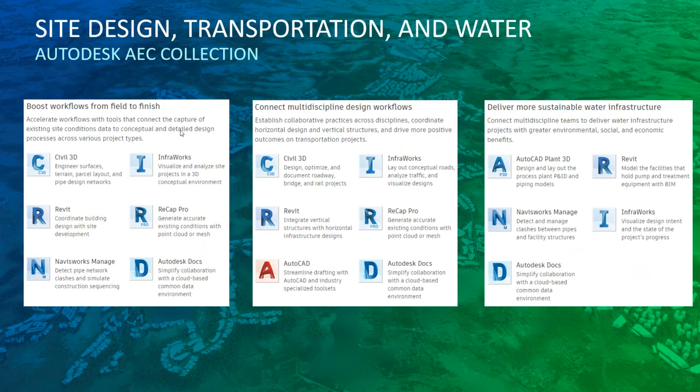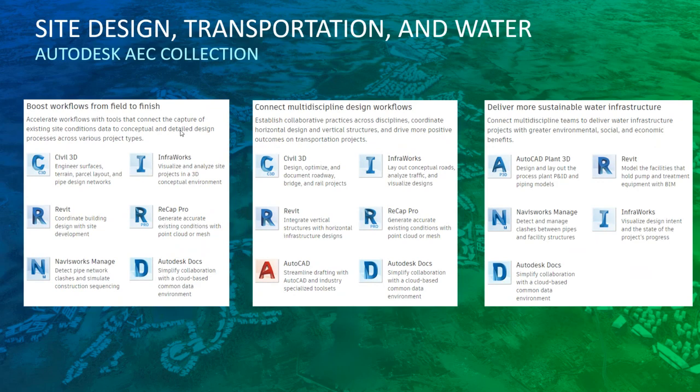Typically we see InfoWorks, Revit and ReCap, Navisworks and Docs. Towards the middle, looking at transportation and roadway design, again with Civil 3D and InfoWorks, we may look into adding in AutoCAD and the AutoCAD verticals for assisting with that. But again, not having to learn the whole library, we're just picking five or six to go with that workflow.